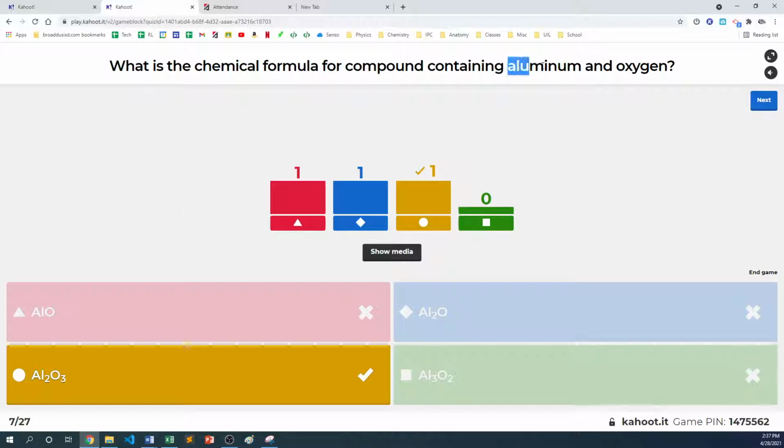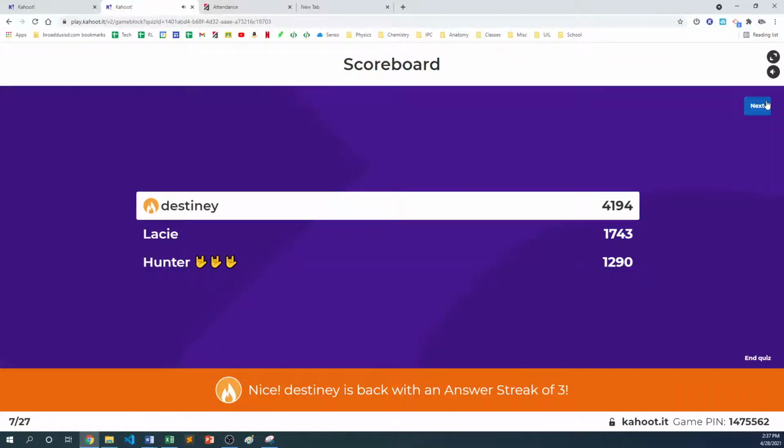So aluminum is +3 and oxygen is -2. So crisscross. The 2 from the oxygen is going to go to aluminum, and the 3 on the aluminum is going to go to the oxygen, making it Al2O3. That's aluminum oxide.